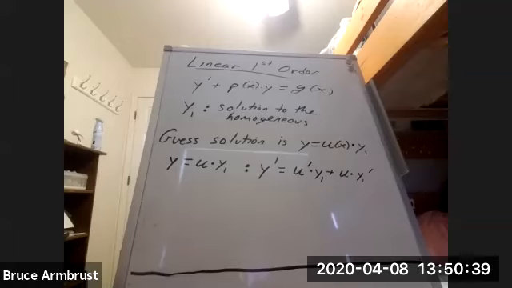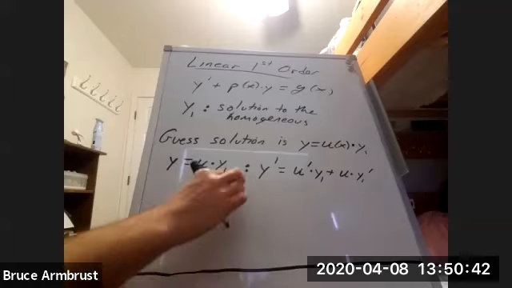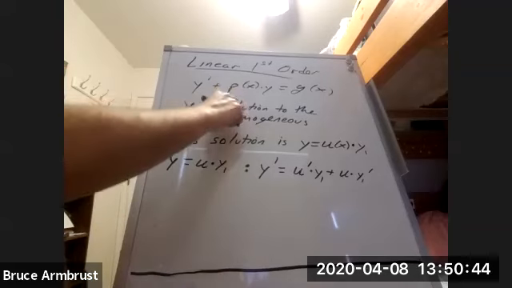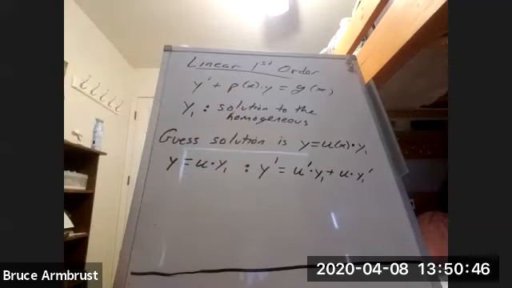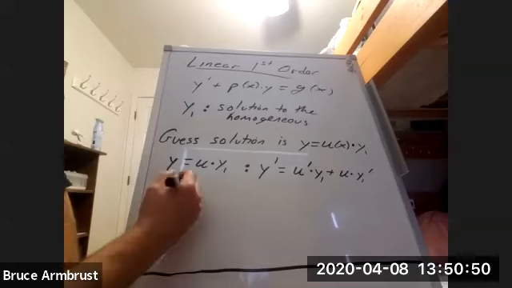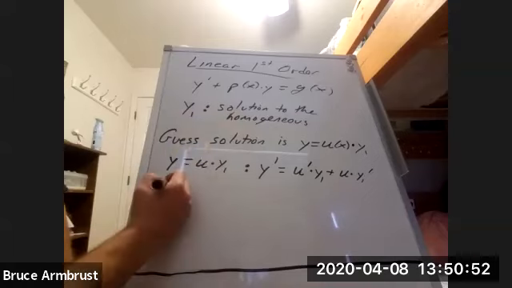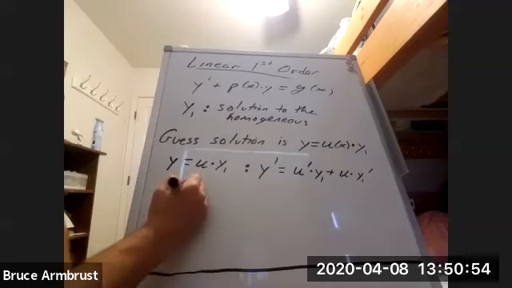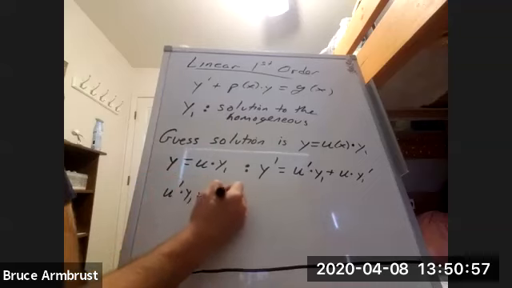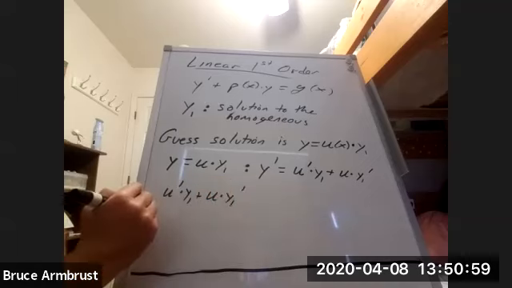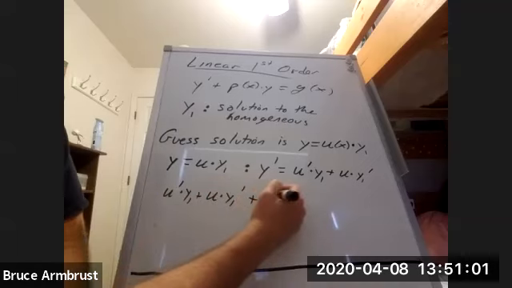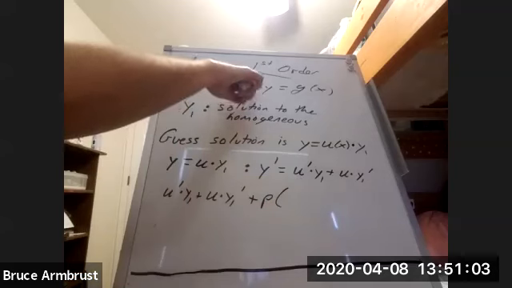So if we choose that form, that's what the derivative is. Here we go. All right, now let's put those back into the original differential equation. So what we're going to get, we're going to have y prime. So that's our u prime times y1 plus u times y1 prime. We're going to add to that p times y.